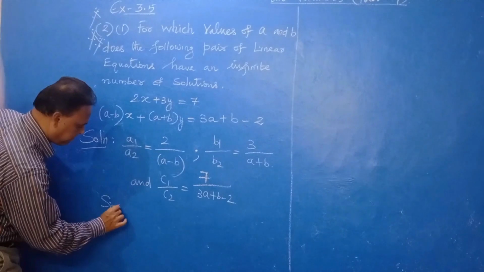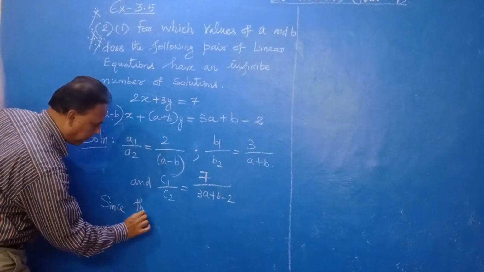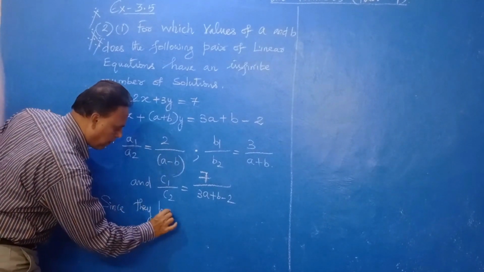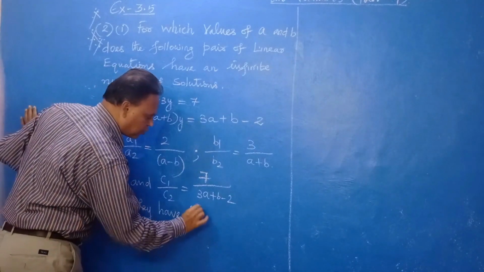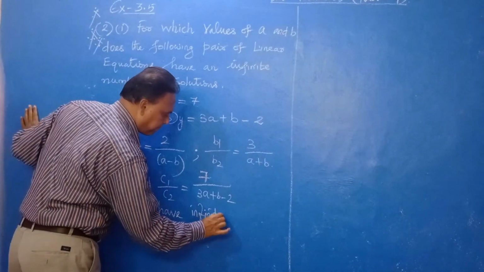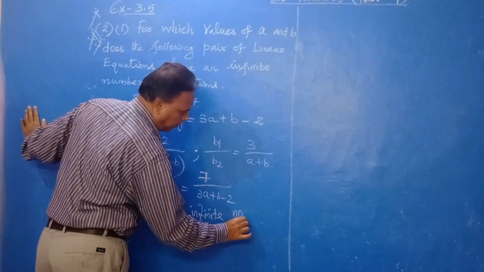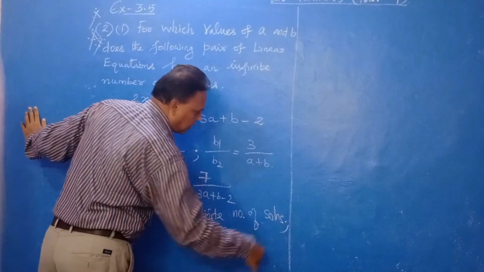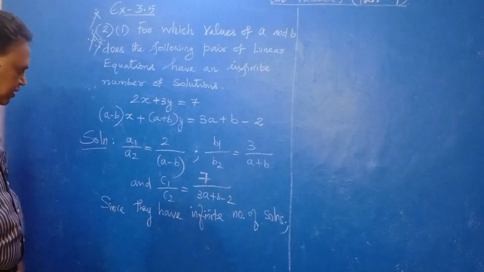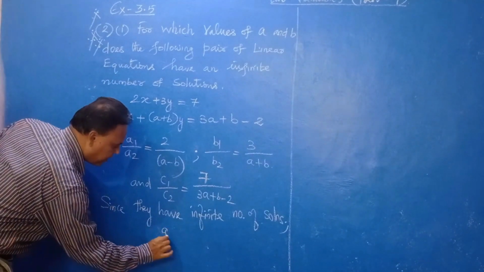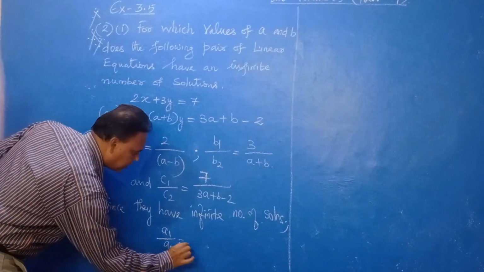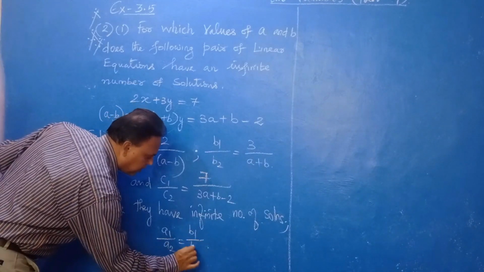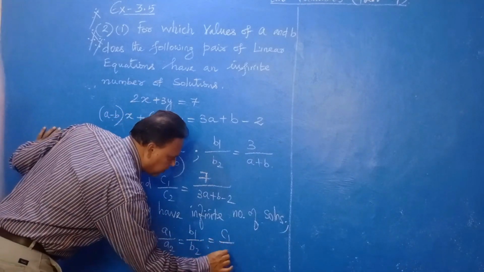Since they have an infinite number of solutions, what is the condition? A1 by A2 is equal to B1 by B2 is equal to C1 by C2.